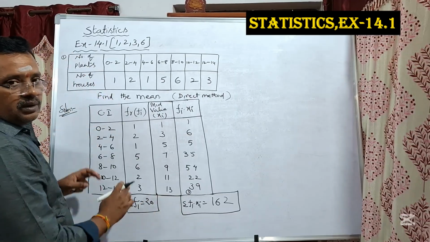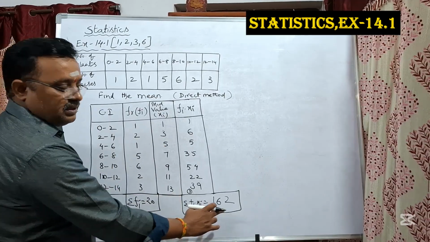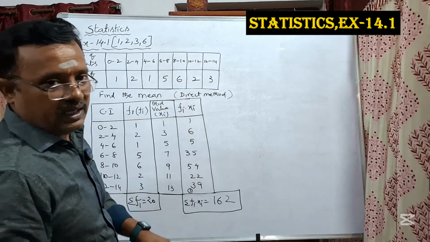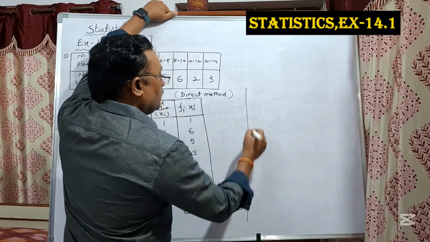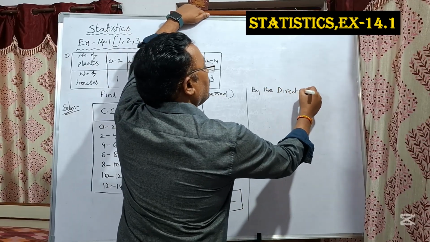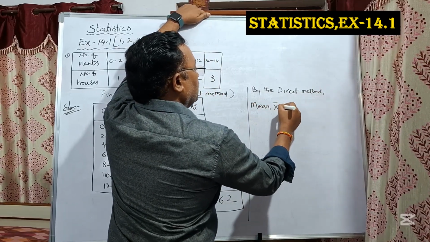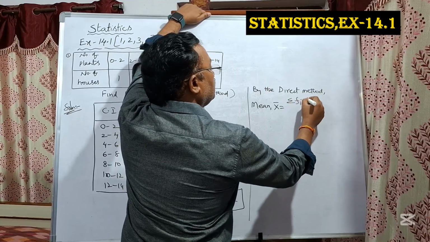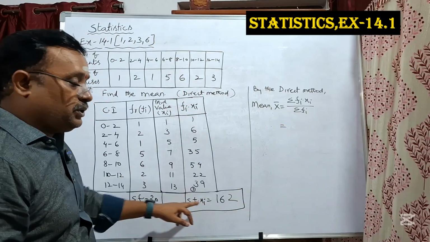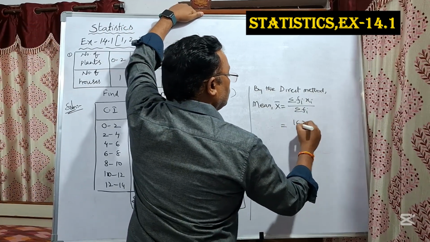After the preparation of the table, we calculated sigma fi into xi and sigma fi. These two are very important for us in the direct method formula. By the direct method, mean x bar is equal to sigma fi into xi by sigma fi, which is 162 by 20.